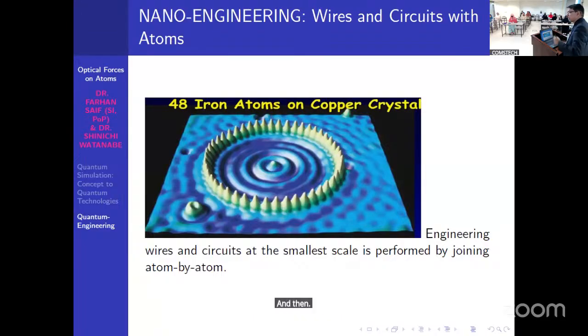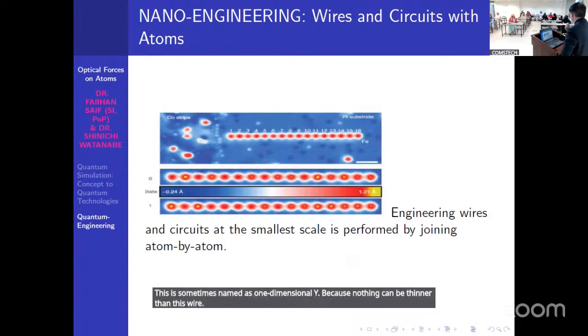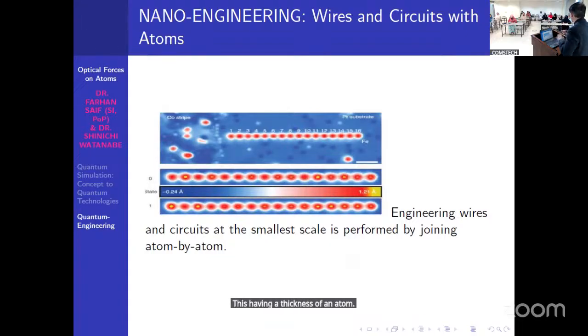And then using the same single atoms, we can even make wires. So this is a wire made of single atoms. This is sometimes named a one-dimensional wire, because nothing can be thinner than this wire, which has a thickness of an atom. So this is named a one-dimensional wire. It is also used in our very expensive electronic circuitries, because now we make these wires and let electrons move on them.